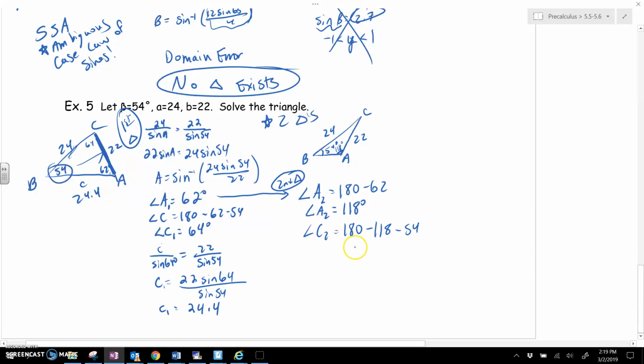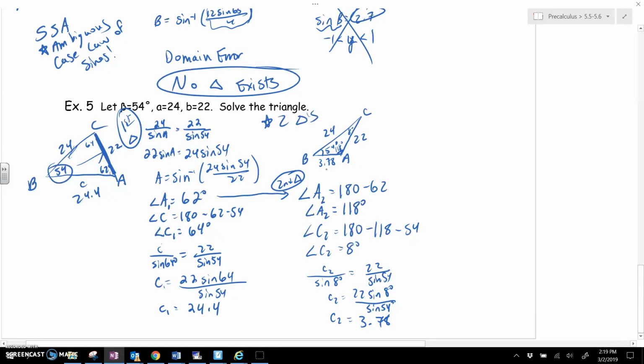And when I did that, I got 8 degrees. You can see how I adjust everything. And then finally, I can find little C2, which would be C2 over sine of 8 degrees equals 22 over sine of 54. So the length of C2, 22 sine 8 degrees over sine of 54. That side C2 would then be 30.78.